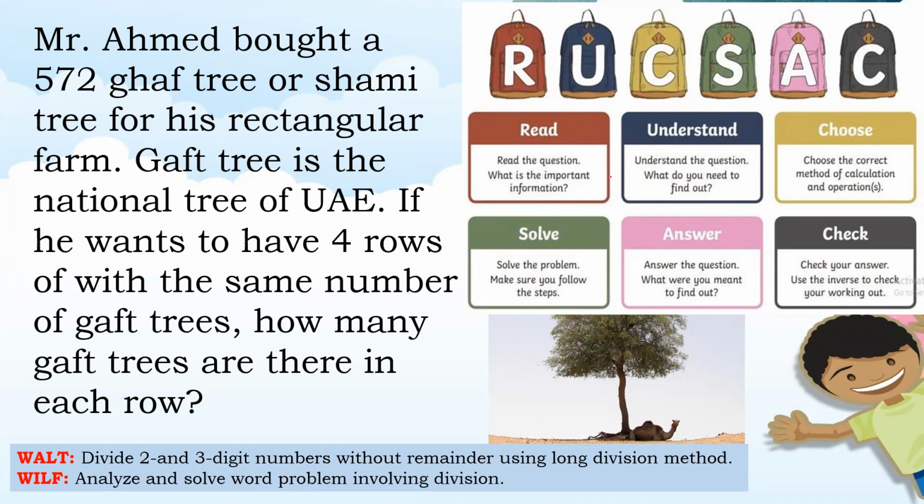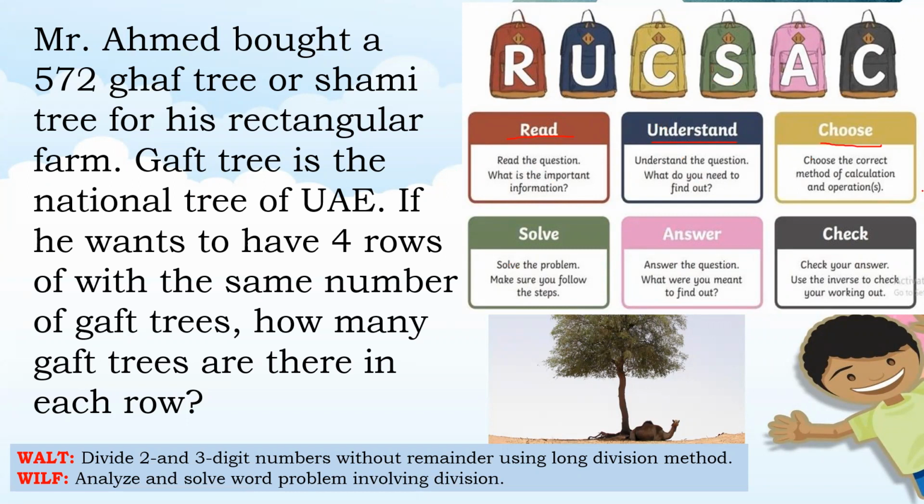RUCSAC is a process. So let us see what that process is for a division. First of all, R stands for read. Read the question. U stands for understand and underline the important keywords. Number 3 is C, which stands for choose.